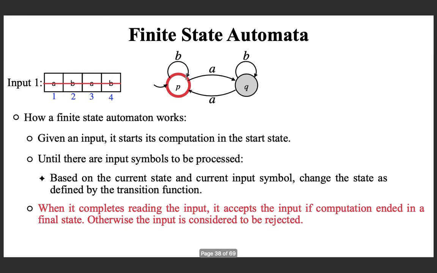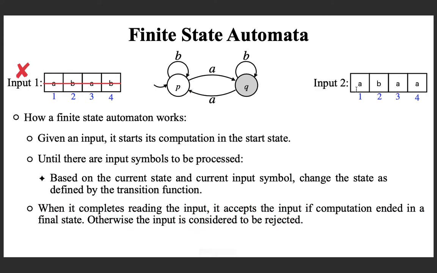So in this case, you finished reading your input and you finished in a non-final state. This is the only final state. So the input by definition is rejected, because you ended the processing of that input in a non-final state.